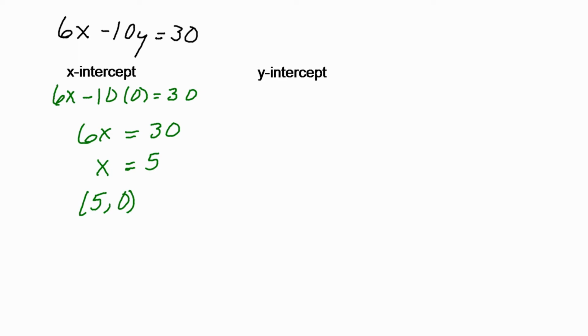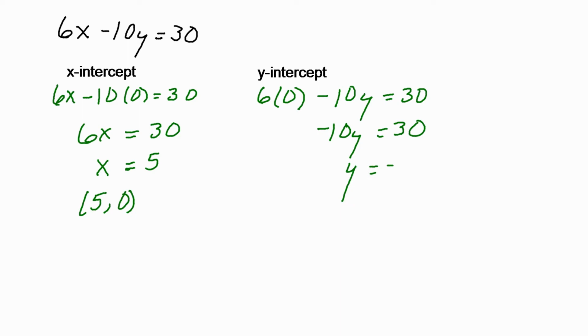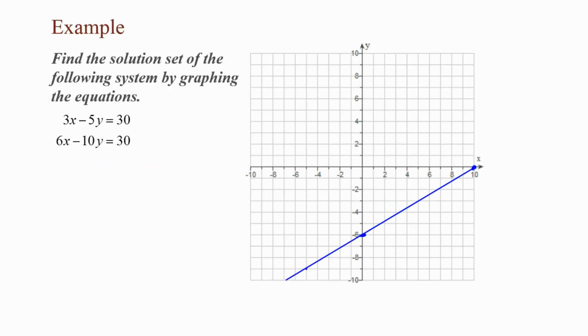For my y-intercept, my x has to be 0. 6 times 0 minus 10y equals 30. Negative 10y equals 30. Divide both sides by negative 10, and y is negative 3. So our y-intercept is 0, negative 3. Now we're ready to plot our two intercepts and graph our line.